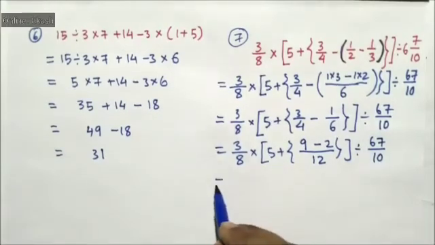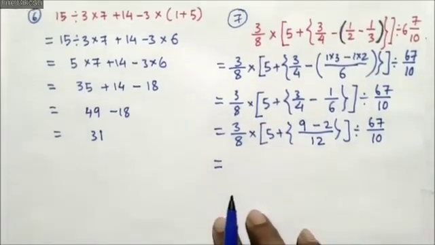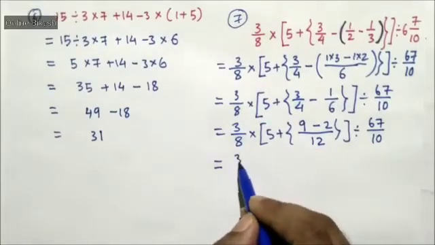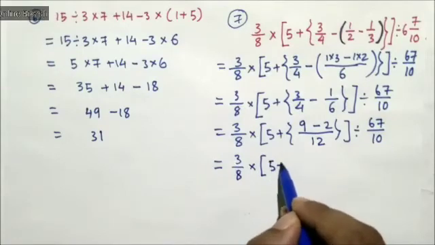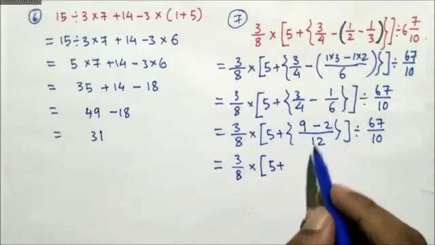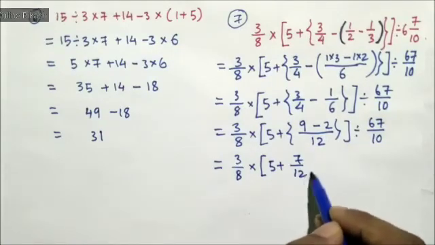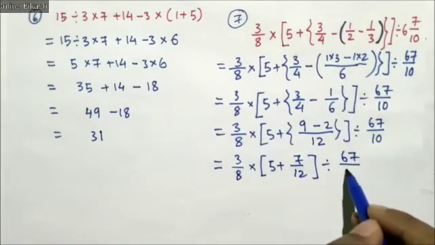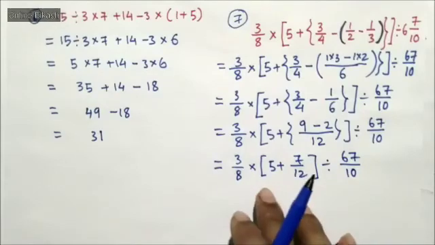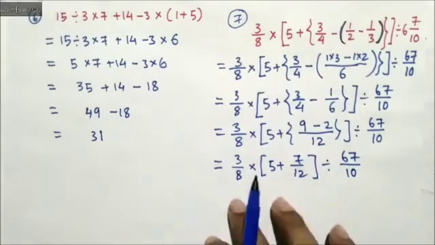Clear? Yeah, 3 by 8 into 5 plus, come on, 9 minus 2 is what? 7 by 12. Now you have seen that the second bracket has also vanished.